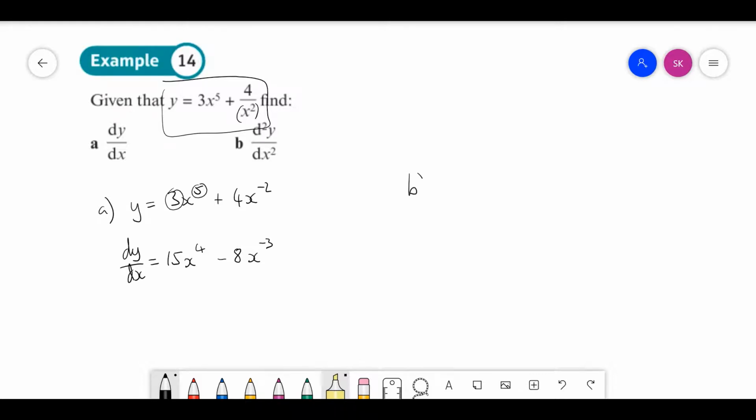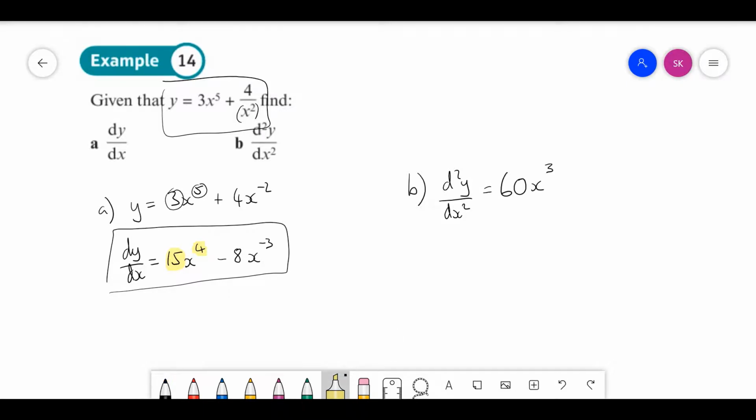For B, it's asking me to find the second derivative. So I'm going to take my first derivative and differentiate that. So d2y by dx squared, I'm going to do 4 times 15, which gives me 60, x, and then 1 less than 4 is 3.